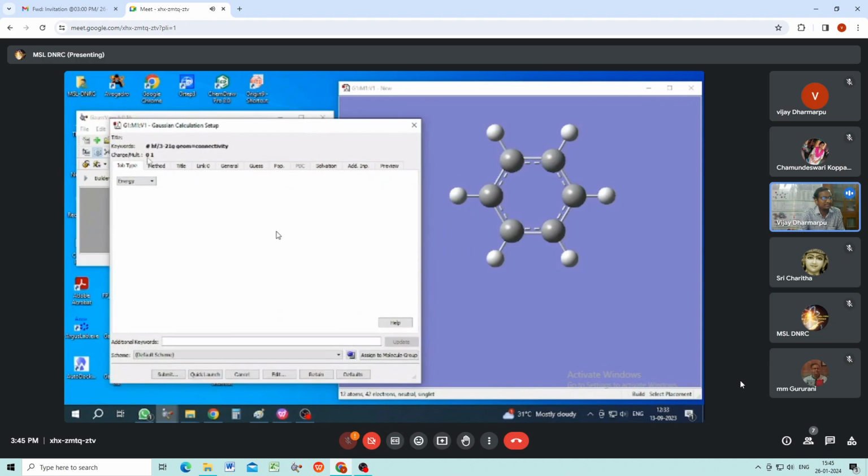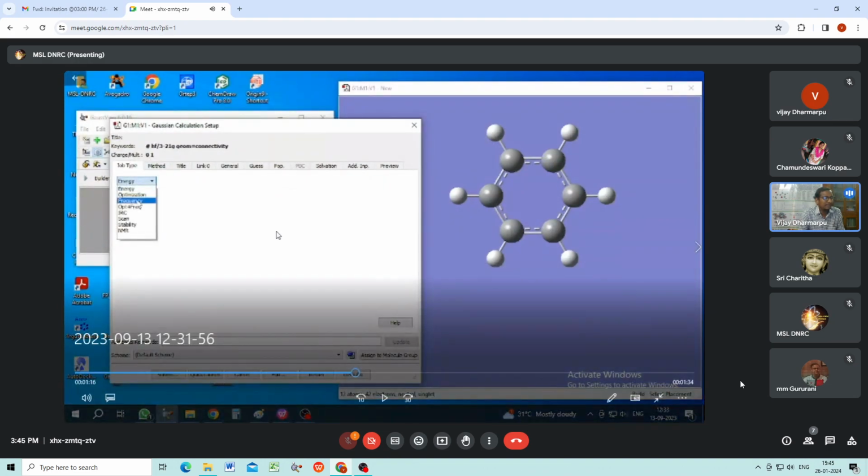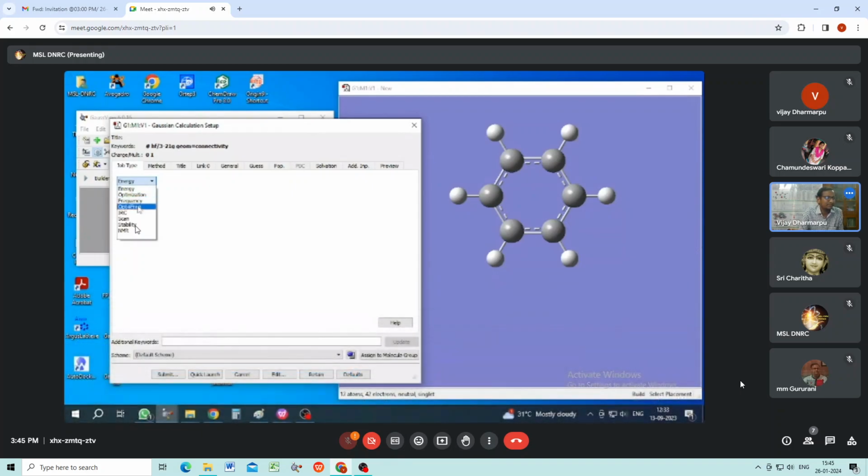In this calculation setup, we can calculate energy, optimization, frequency, or both optimization and frequency, and IRC, scan, NMR, and stability. I just go with energy.